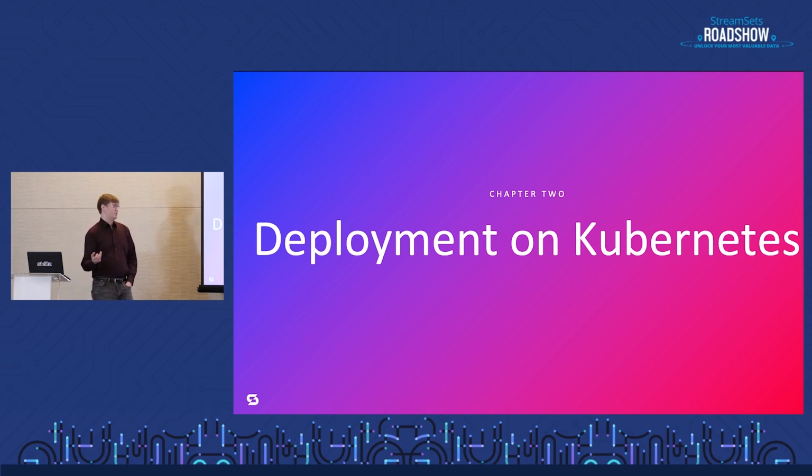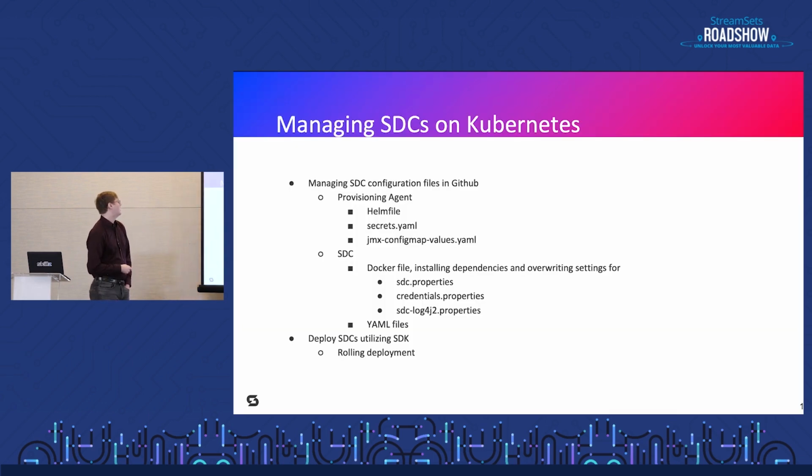So chapter 2 here, deployment of Kubernetes, is, I'm pretty sure, actually just a slide. Yeah, it is. So we manage all of the SDC configuration within GitHub. We have the provisioning agents, which I believe we have 1 per environment in Kubernetes, because we have our 3 environments defined as different environments within Kubernetes.